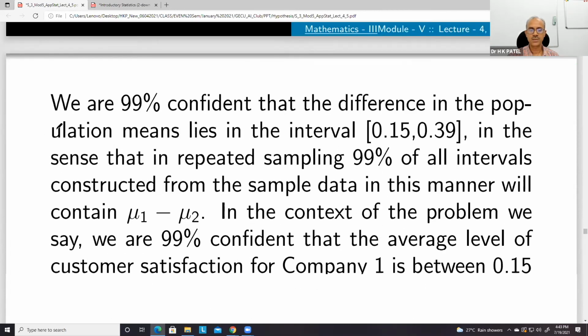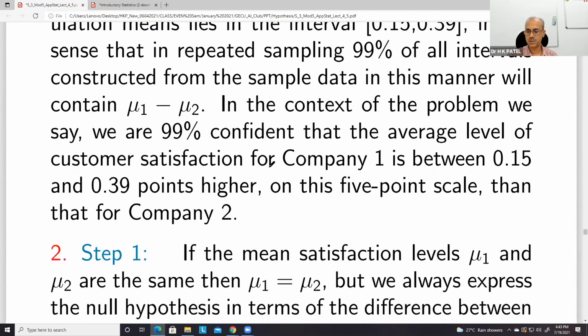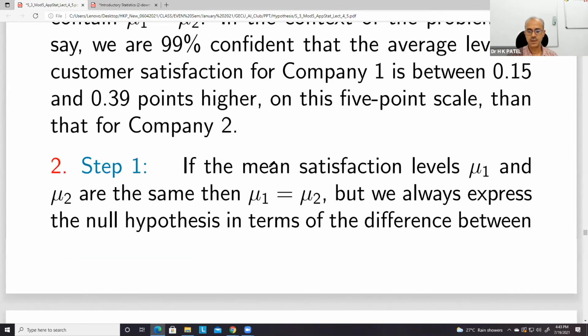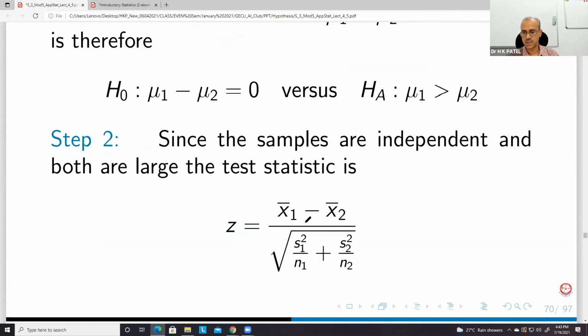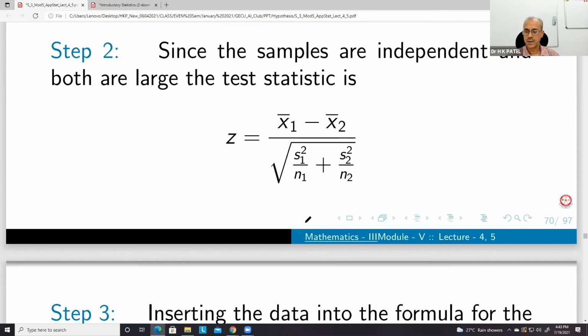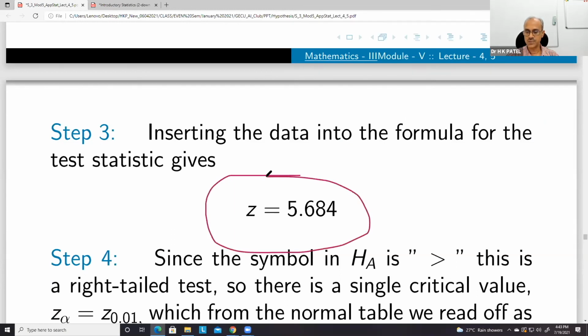Let us see the second one: the critical value approach, 1% significance level. This is the Z statistic, with S1 squared by N1 and S2 squared by N2. We get a Z value of 5.684.